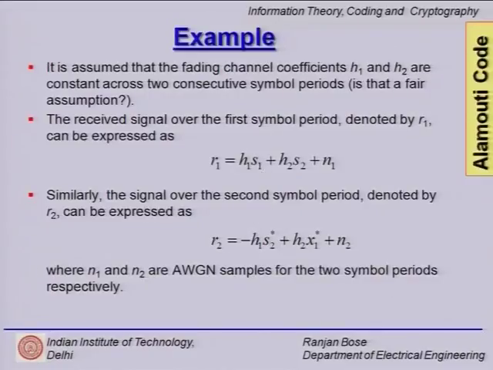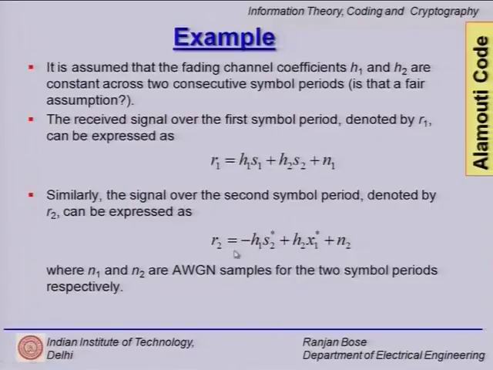So, transmit antenna 1 sends S 1, transmit antenna 2 sends S 2, both get multiplied by the respective channel gains, and in the first time slot I have got the noise N 1, and similarly in the second time slot I have got noise N 2.